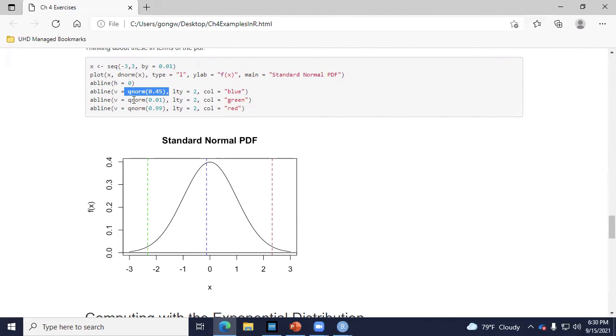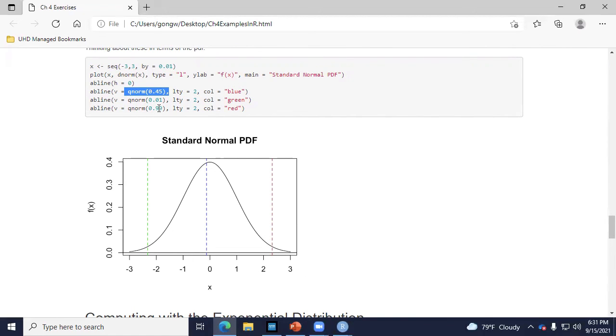For qnorm(0.01), the probability of following the area to the left of this green line is 0.01. You can tell it's really on the far left of this curve, and in this area you only get a very small range of values for this random variable.